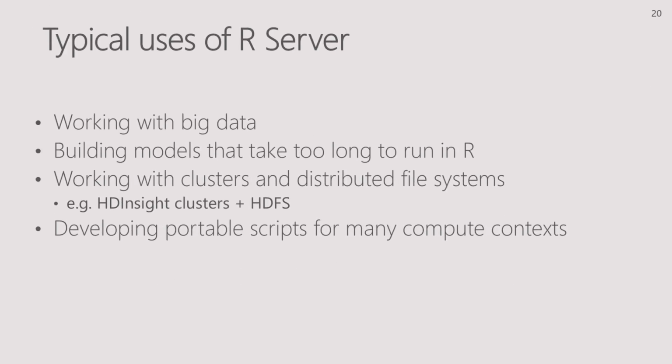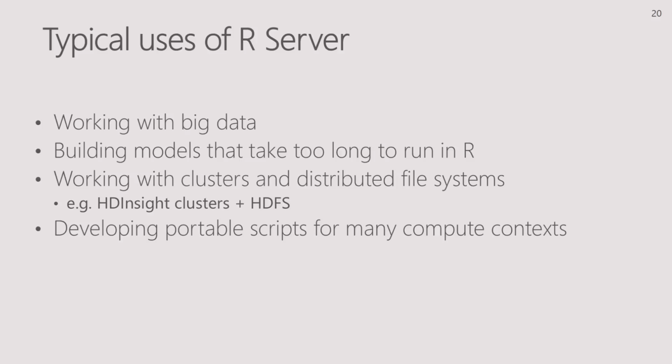However, because of some of the limitations I mentioned earlier for open source R, typical uses of R server would be when you're starting to work with very large amounts of data that don't fit in memory, or you can't do the computations in parallel. And building models that take too long to build in R, right? Because you can't distribute or the model doesn't fit in memory or something like that.